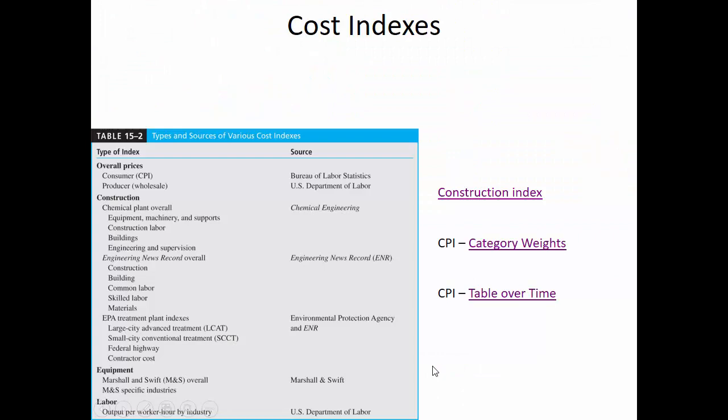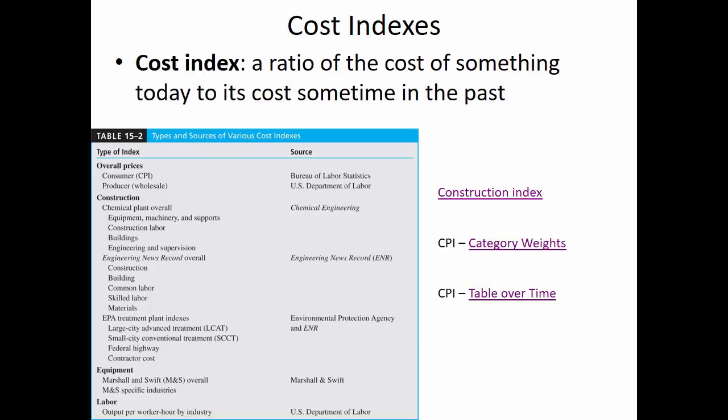So there's a whole variety of these cost indices, and they have construction cost indexes for different types of construction, like chemical plants and medical facilities, so there are all these specialized cost indexes that you can find. The idea is to make a ratio to use old cost data and project it into the future.